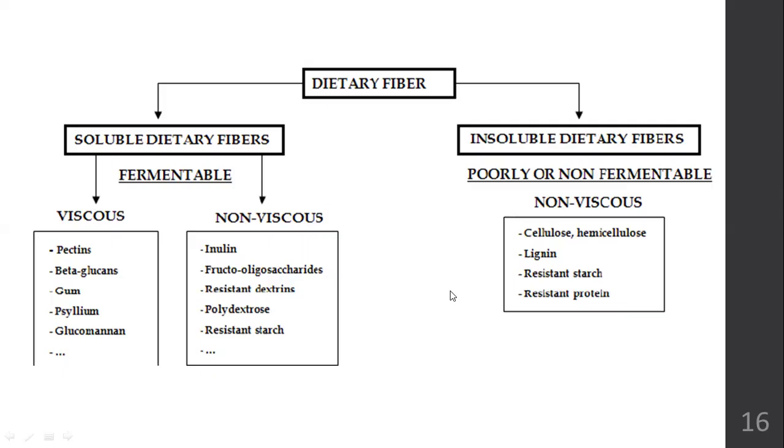Because it fills up your stomach, it fills up your intestine. It holds on to water and converts itself into a gel-like structure, which will fill up your stomach. And it will take time to come out, so you will not feel hunger pangs as frequently.